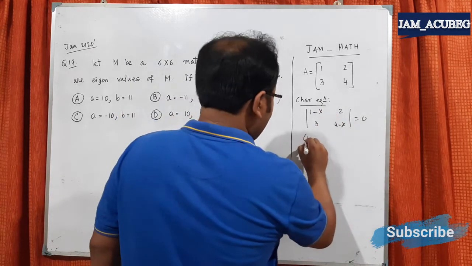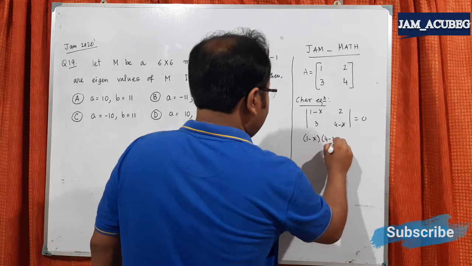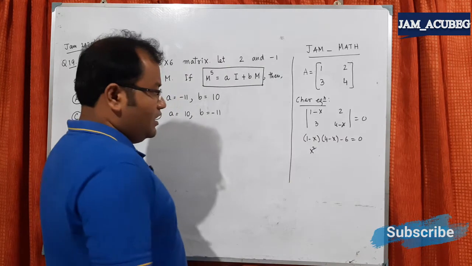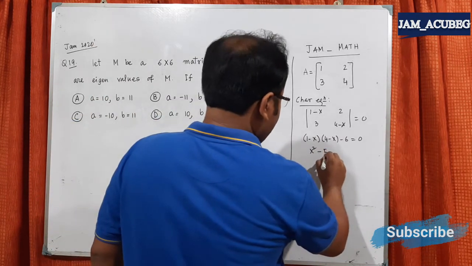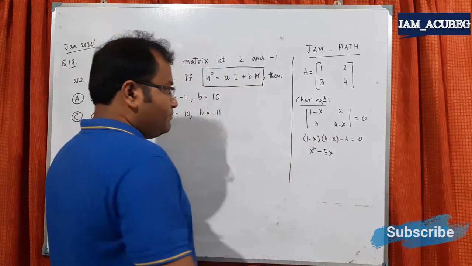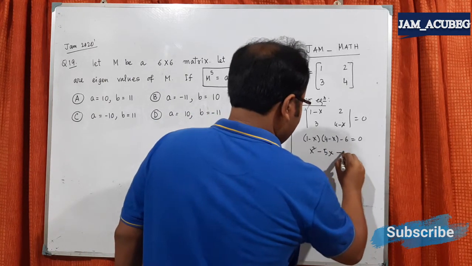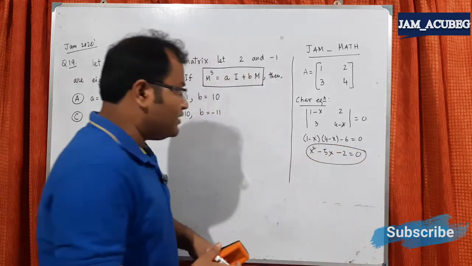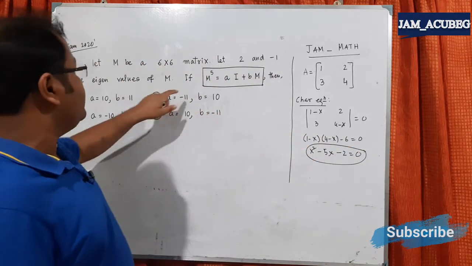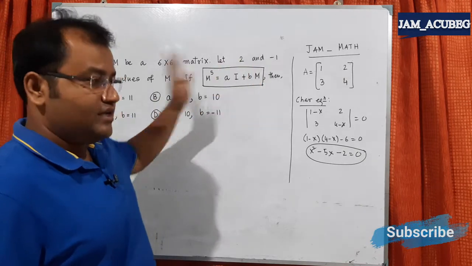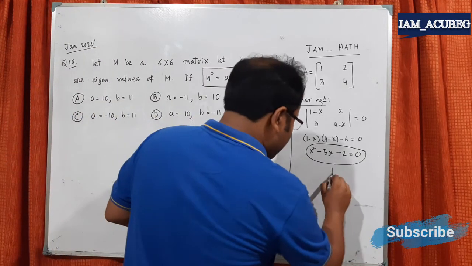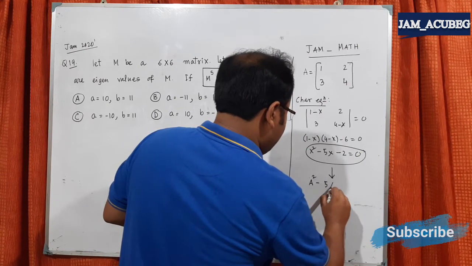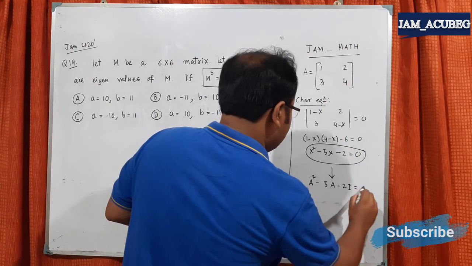So basically it is (1 minus x)(4 minus x) minus 6 equals 0. So it will be x squared minus 5x plus 4 minus 6, so minus 2, equals 0. This will be the characteristic equation, and you can find its roots, which will be the eigenvalues. But the corresponding matrix equation will be A squared minus 5A minus 2I equals 0.